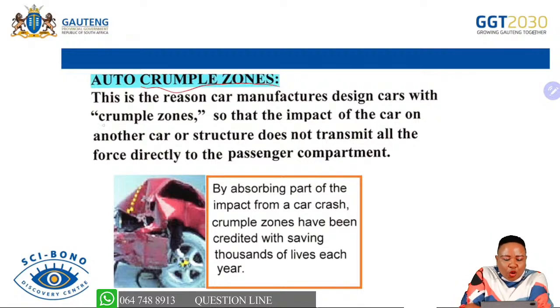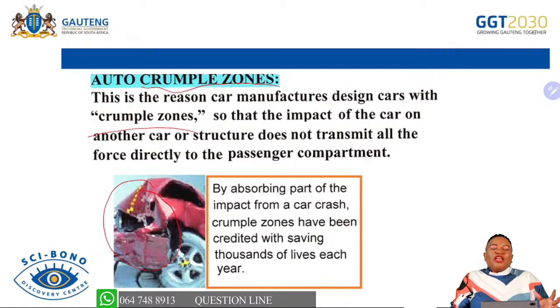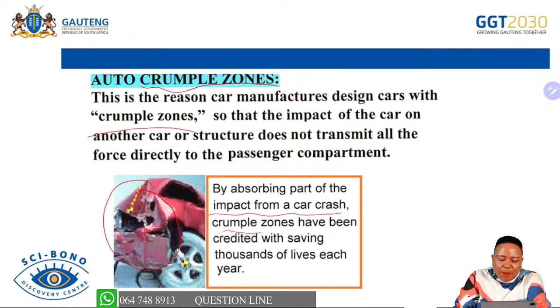The crumple zone is a feature in most modern cars so that, on impact, the car crumbles like in this picture, so that at least you don't get more injury, and the objects in the car don't hit you and exert a certain amount of force on you. The car will crumple by absorbing part of the impact from the crash, and crumple zones have been credited with saving thousands of lives.